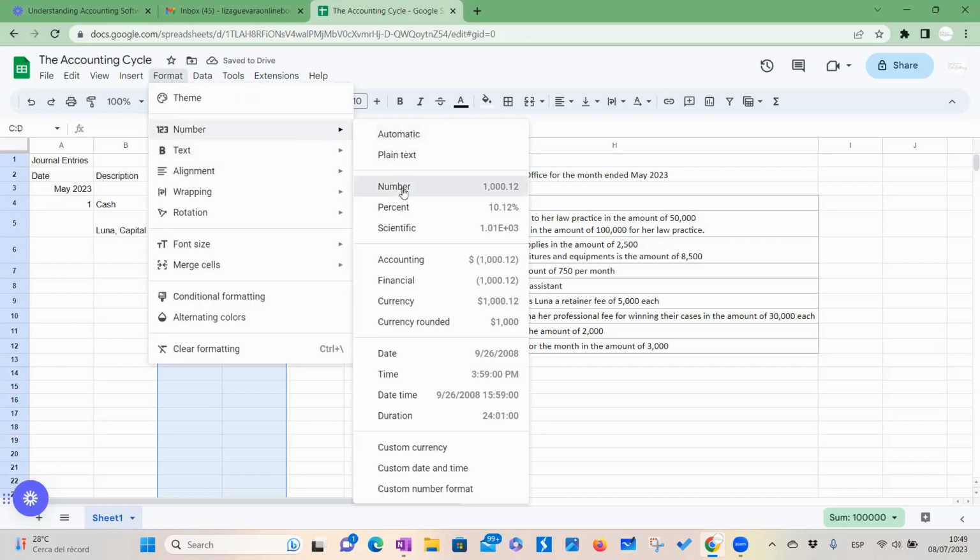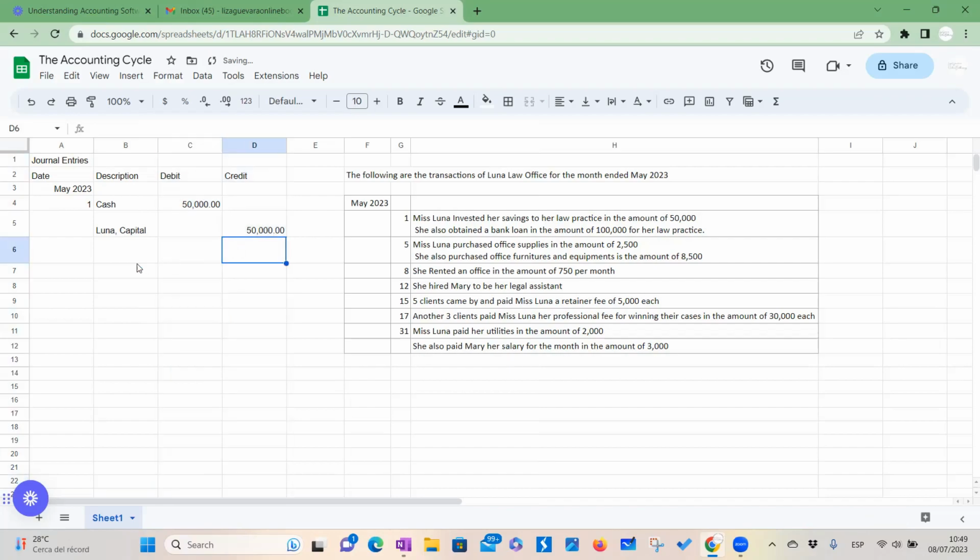Number. So she also obtained a bank loan in the amount of 100,000 for her law practice. So that would be debit cash of 100,000 and credit loans payable in the same amount of 100,000.